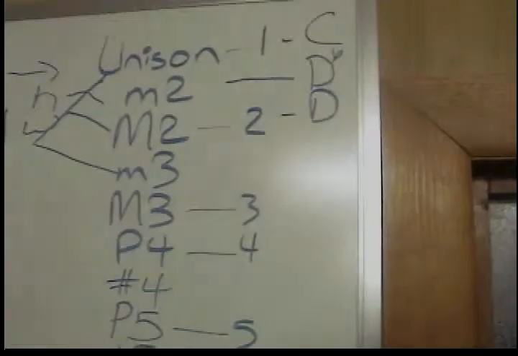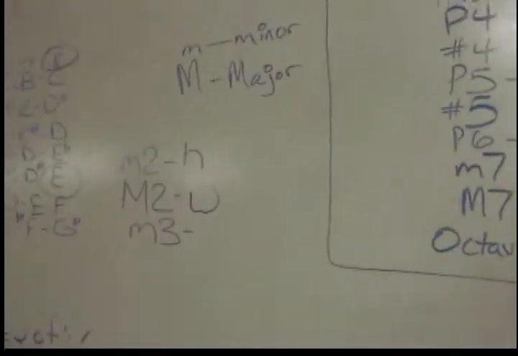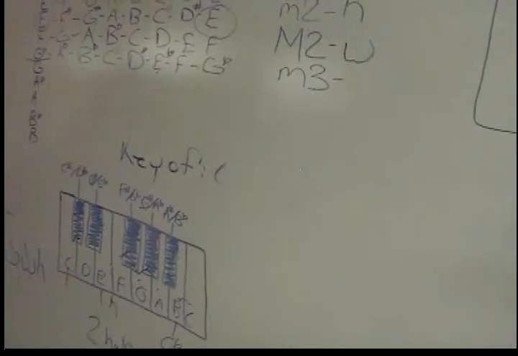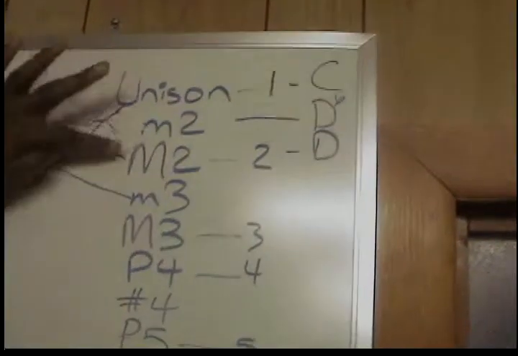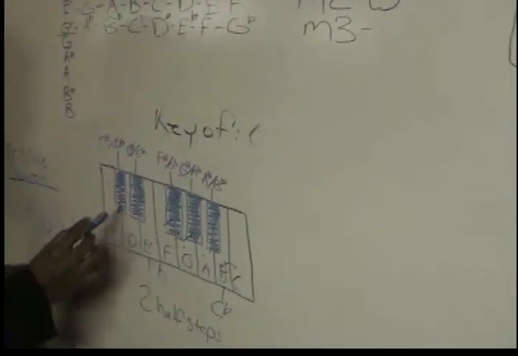Minor third. So a minor third, I need to go how many half steps from C? All you have to do is count it up. From unison to this is how many half steps? 1, 2, 3 half steps.